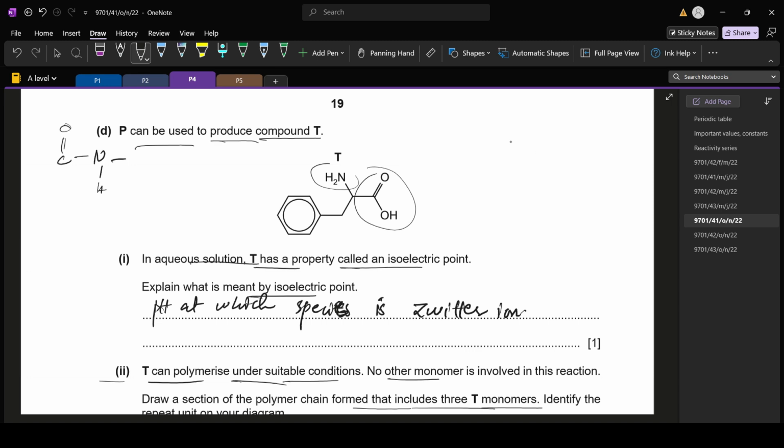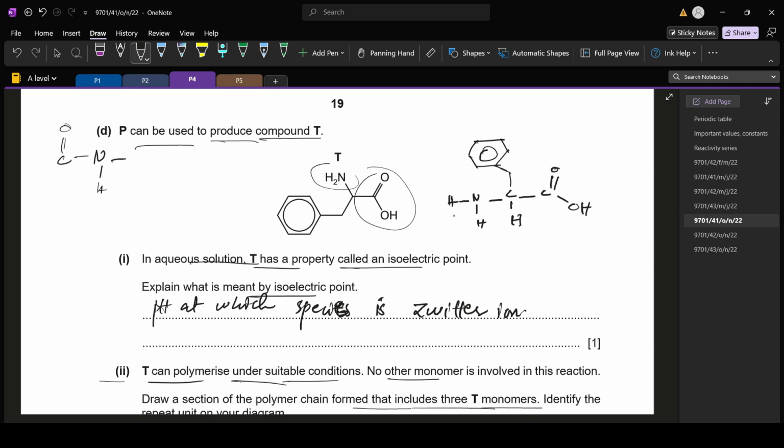Let's draw this structure a little. I have just redrawn the structure of T to make it easier for us to draw the polymer.